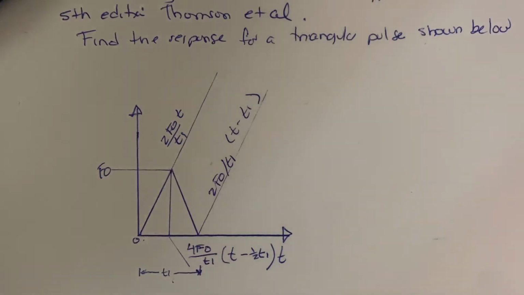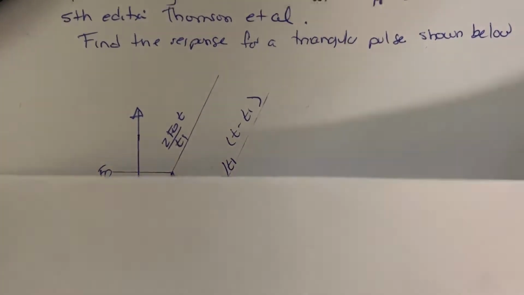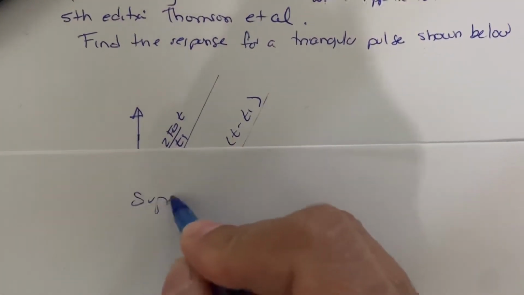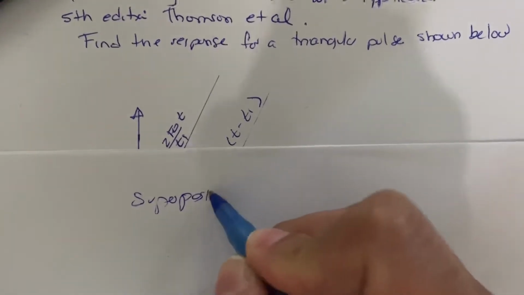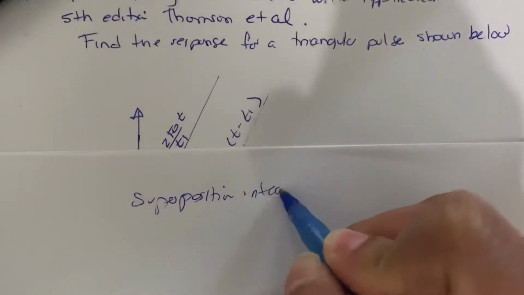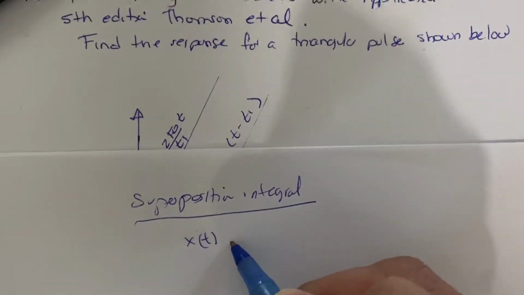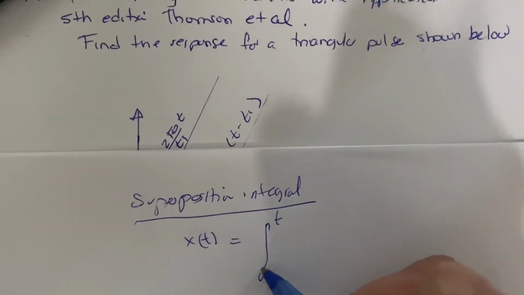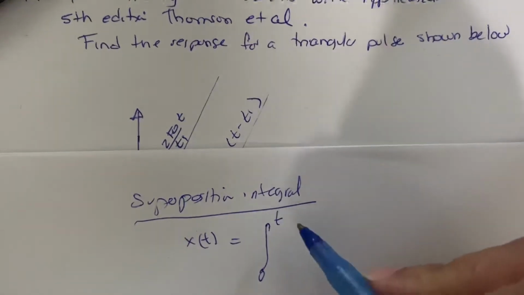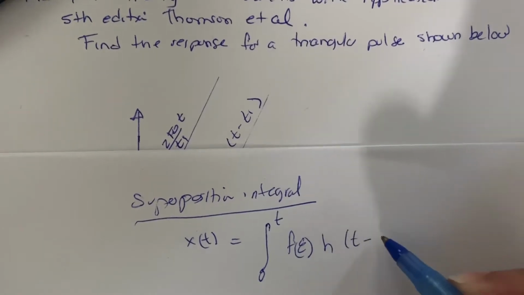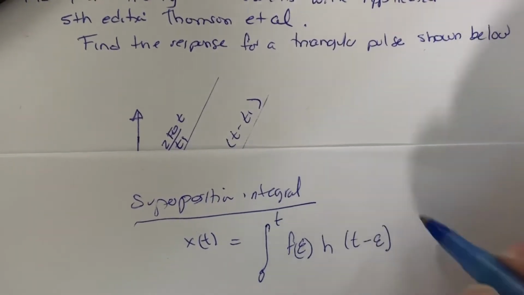Now, the equation for the superposition integral is of the following form. x(t) is equal to the integral from 0 to t of the force function times the function for the response of a unit impulse.